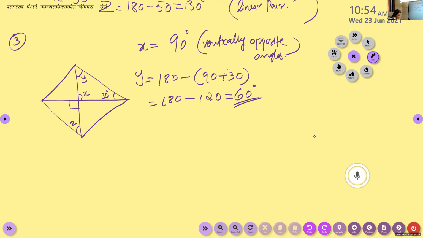I need the reason. Vertically opposite? Which are z and x? Are they vertically opposite? Vertically opposite means these two are, and these are also vertically opposite. Z is here, x is somewhere else, so how can they be vertically opposite? Ma'am, alternate interior angles.